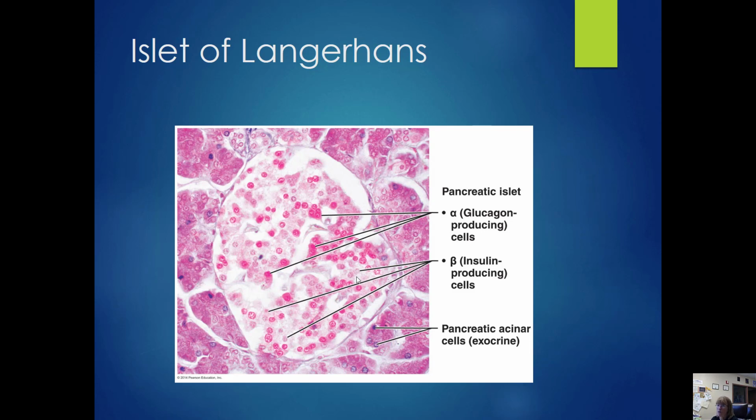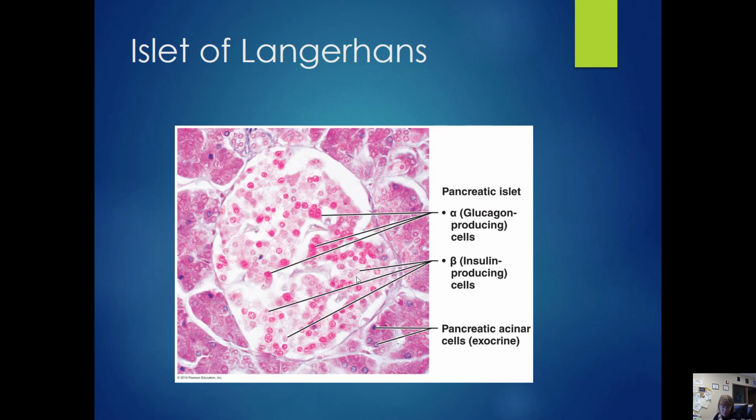So it's, you know, like a dog turns on you. Your immune system turns on your beta cells and causes their complete destruction, and therefore you don't make insulin anymore, and then you have type 1 diabetes mellitus. And then the alpha cells are going to be the cells that help with hypoglycemia.